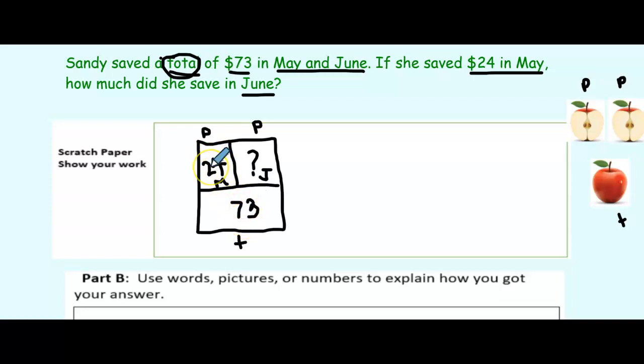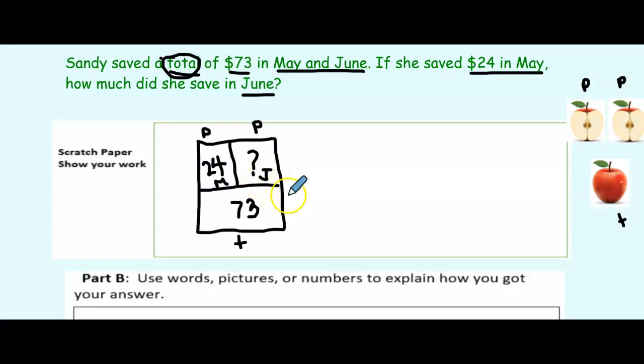That's right, we need to subtract, because to take away means to subtract. So if we subtract 24 from 73, or we could say 73 minus 24, then we'll know what the other part of the problem will be.